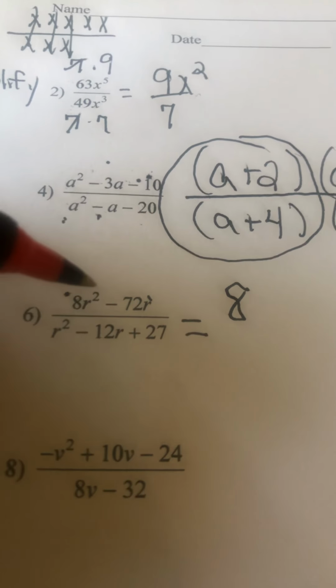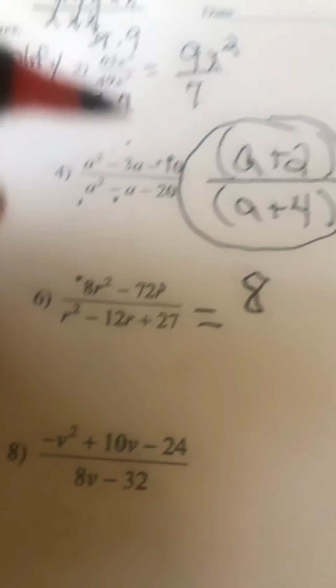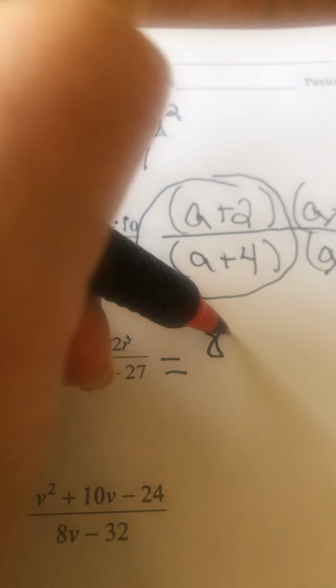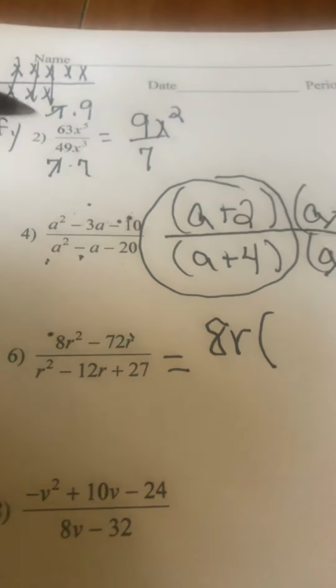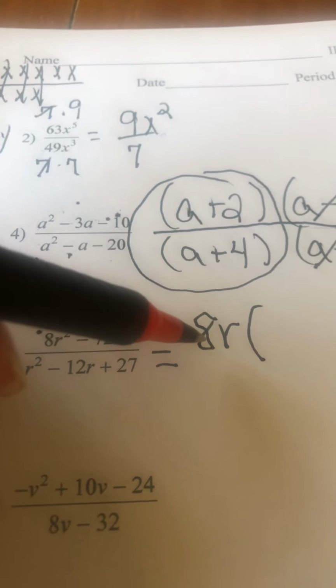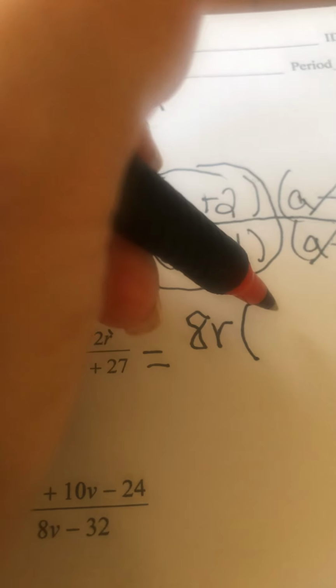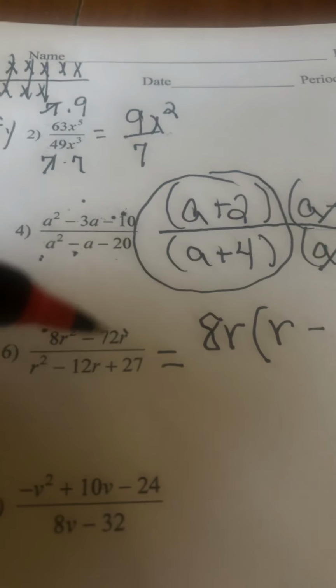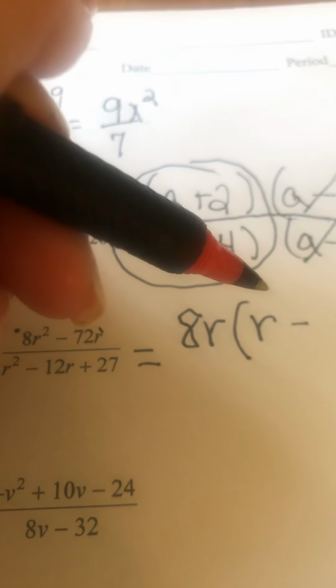We also have an r squared and an r, and I actually put a little dot there, so don't let that confuse you. So you're going to factor out the lowest power, which is just r. Then 8r squared divided by 8r is just r, and 72 divided by 8 is 9.